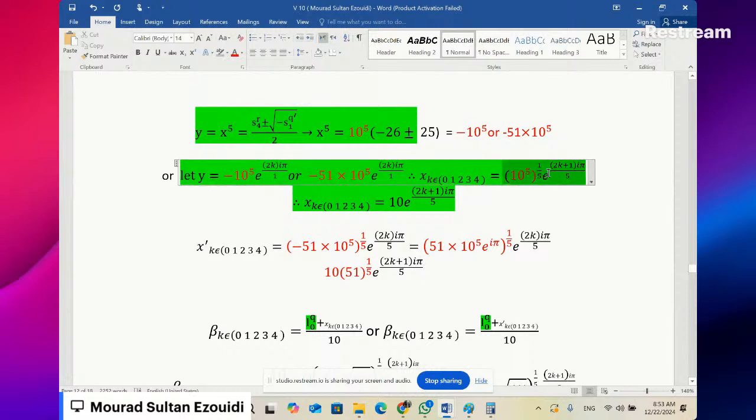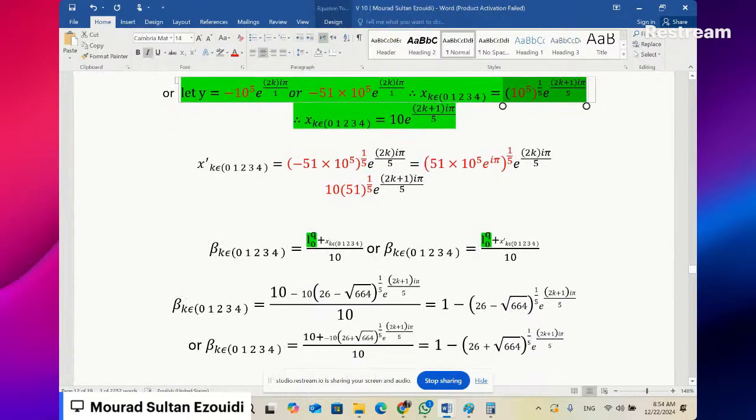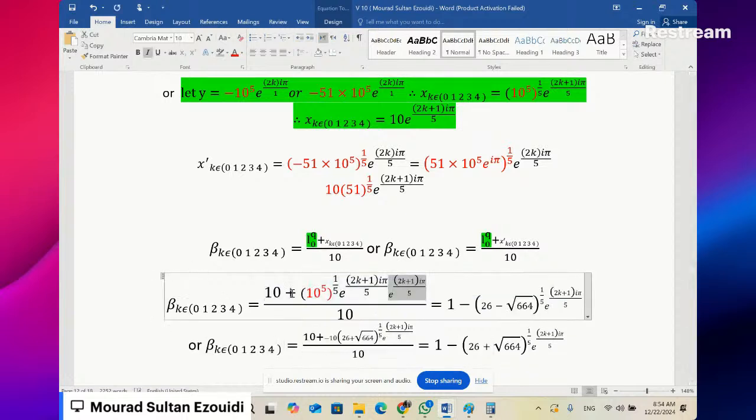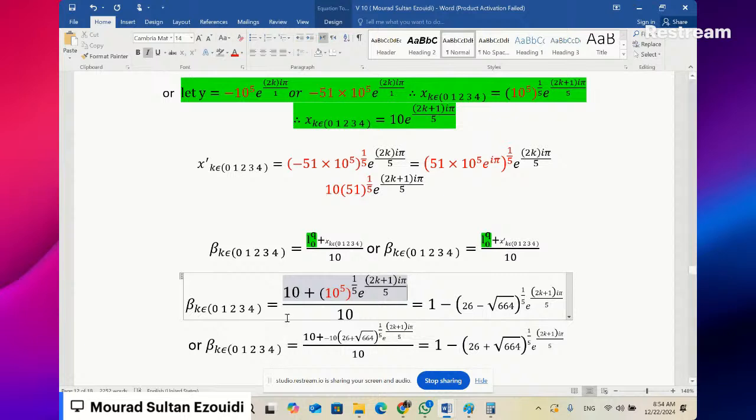Yes, as it is. Now I'm going to come here to change. So L0 plus xk. L0 is 10 plus xk, then I'm going to raise the rest. Divide by 10. Of course, this one has to be written as 10 plus 10 over 10.